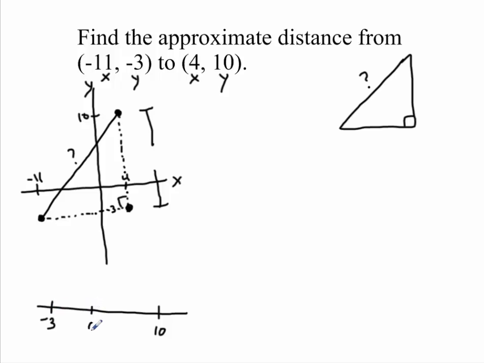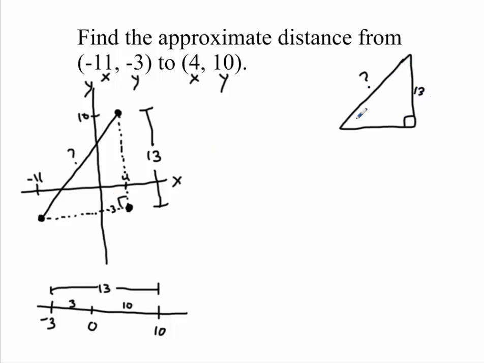I know 0 is what separates negatives and positives. From here to here is a distance of 3. And from 0 to 10 is just 10 units. So the whole thing would be a total of 13 units. That's how far apart the numbers 10 and -3 are. So I know that this would be 13.